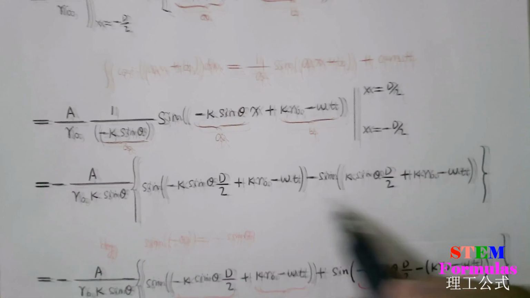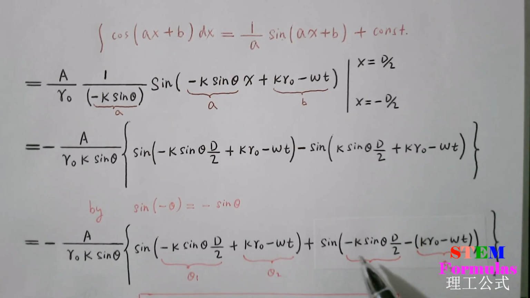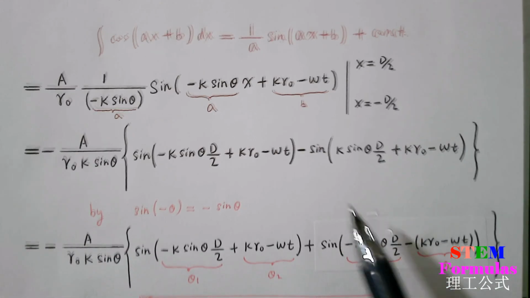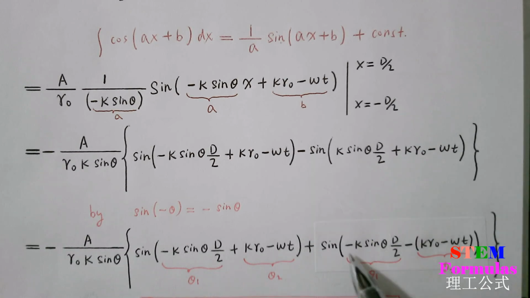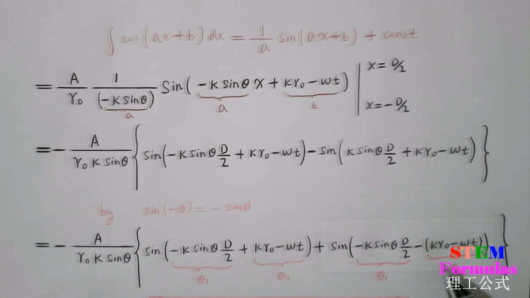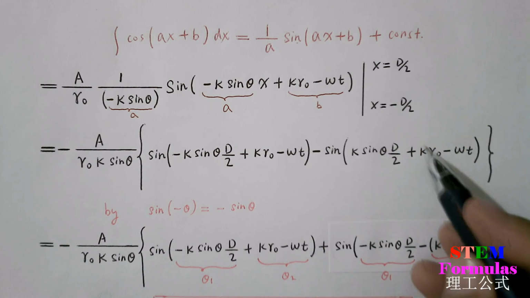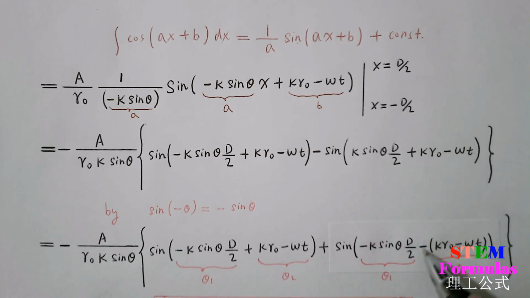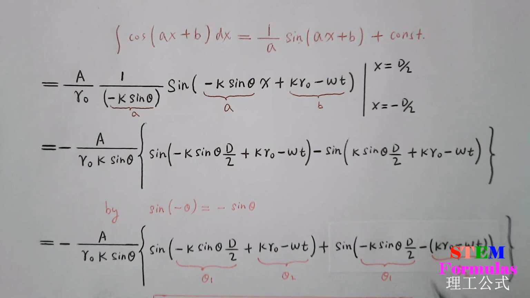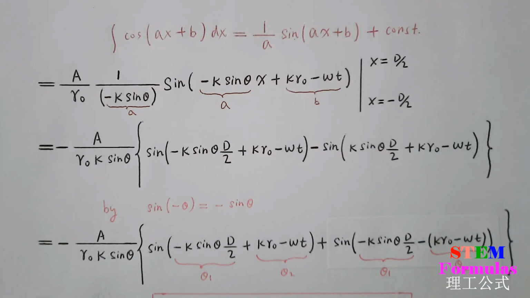So this one I can change as this. The minus sign I can bring in, changing to minus k sine of d divided by 2, and I make this a bracket with the minus sign in front. Now, next step, I need to simplify.